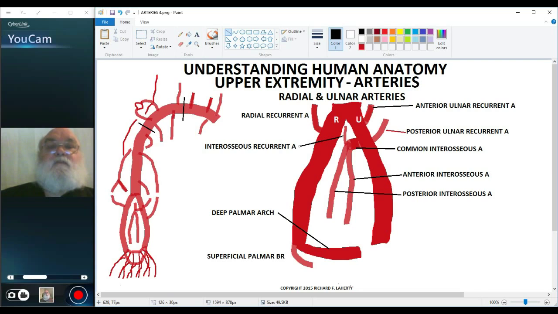Now, at the distal end, the ulnar artery has a deep palmar branch.